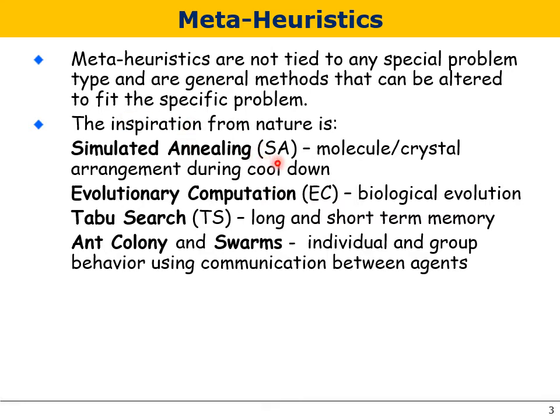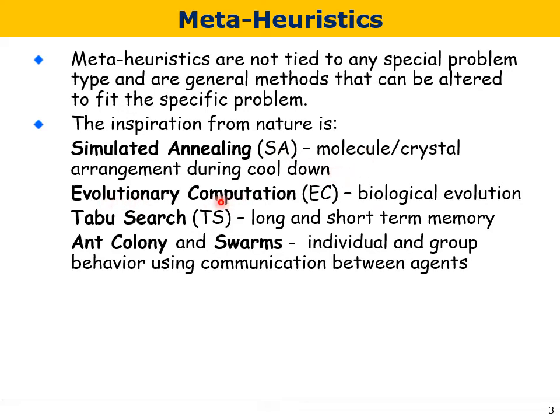If you have a schedule for this cool down process, you may obtain material with different properties like strength. So in order to obtain the best material, you need to follow a cooling schedule. We will see how this idea is used in solving optimization problems.